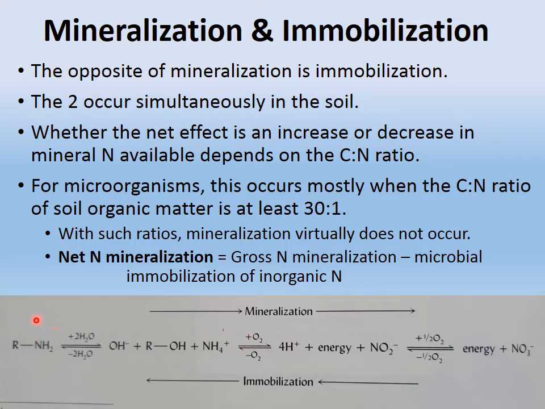You start off with your organic material which has a lot of nitrogen in it, and it's then broken down to produce your ammonium ions, and then your ammonium ions are further oxidized to produce your nitrate ions. And then the reverse is also true. We are saying the nitrate ions and also the ammonium ions are being used to produce organic material by soil microbes.